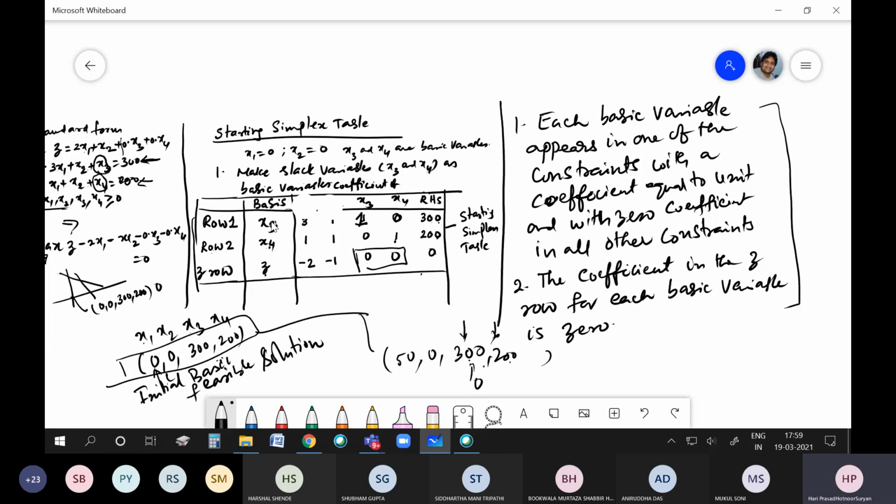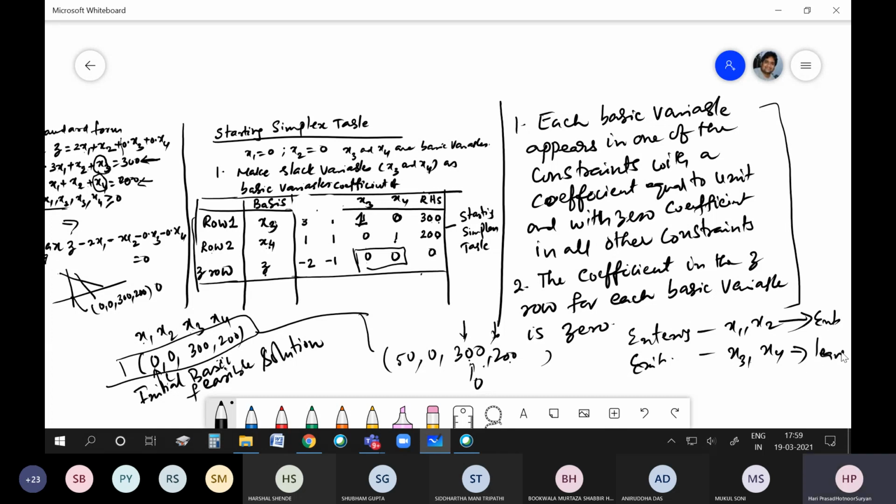For entering there are two competitors, x1 and x2. For exiting there are two, x3 and x4. So from x1 and x2 which should enter, and from x3 and x4 which should leave.